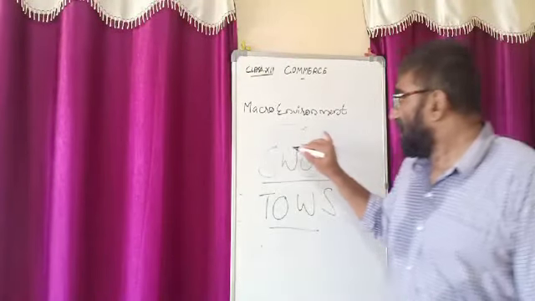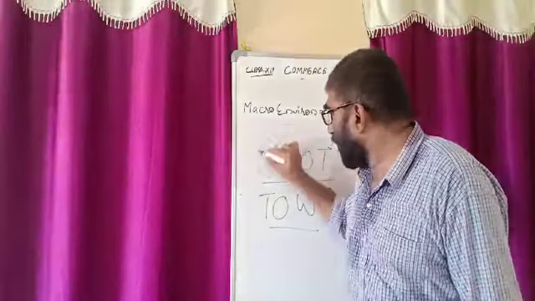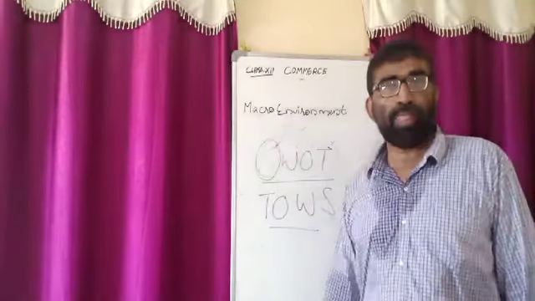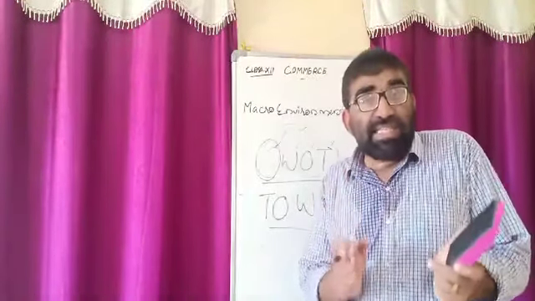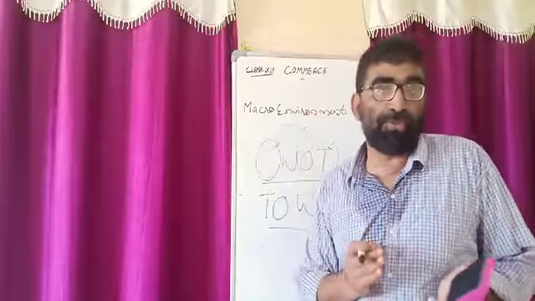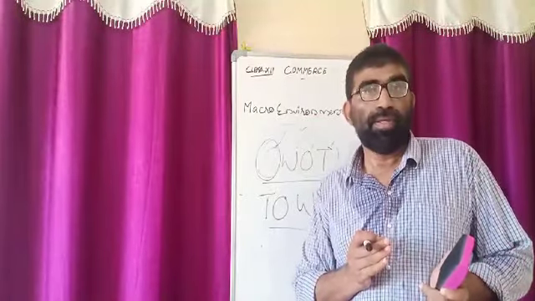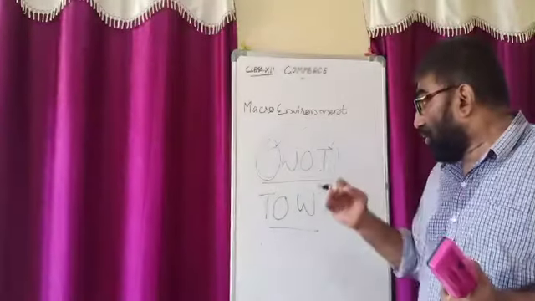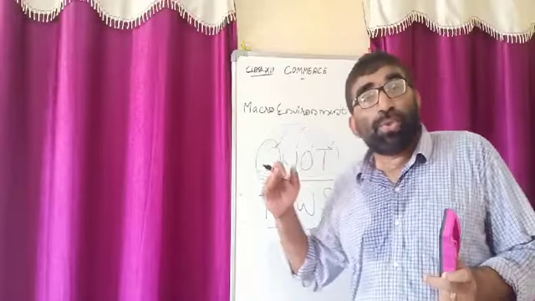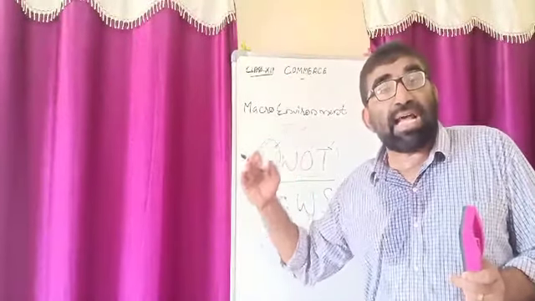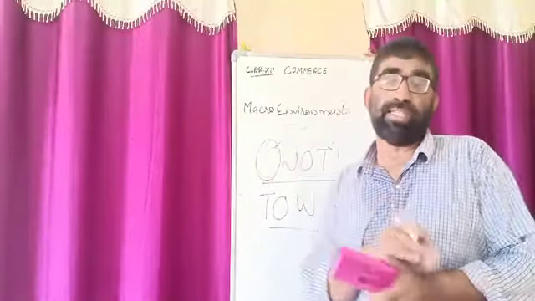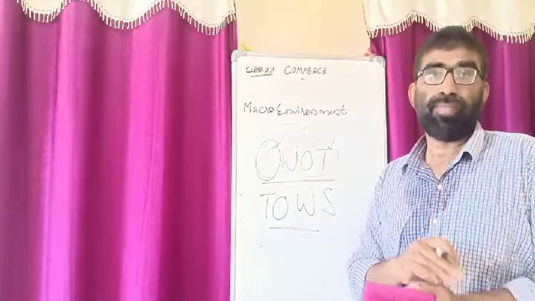Now we will discuss each one. Already we have said about the strength. What is strength? Strength is an inherent capability of a business which causes it to gain a strategic advantage over its competitors.